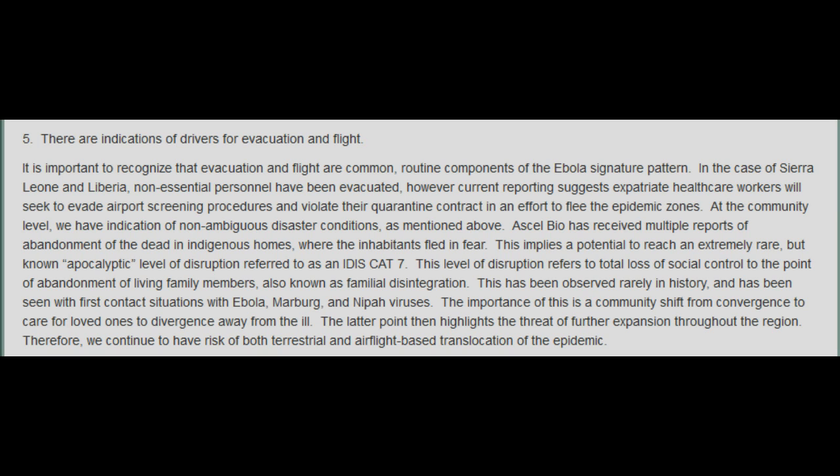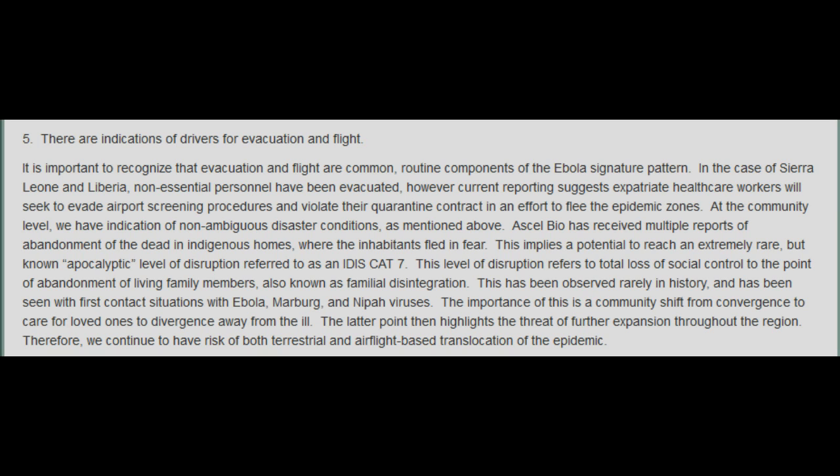However, current reporting suggests expatriate healthcare workers will seek to evade airport screening procedures and violate their quarantine contract in an effort to flee the epidemic zones. At the community level, we have indication of non-ambiguous disaster conditions as mentioned above. Excel Bio has received multiple reports of abandonment of the dead in indigenous homes where the inhabitants fled in fear.